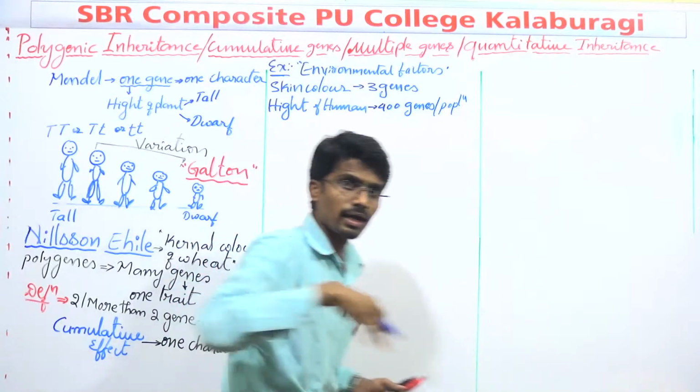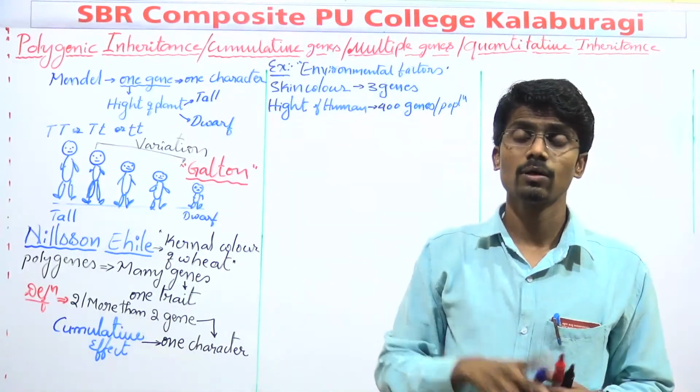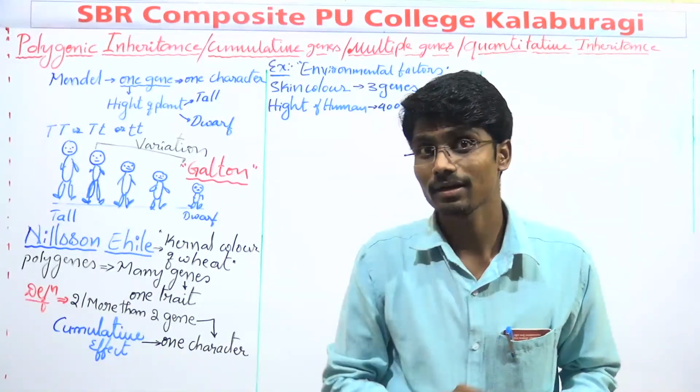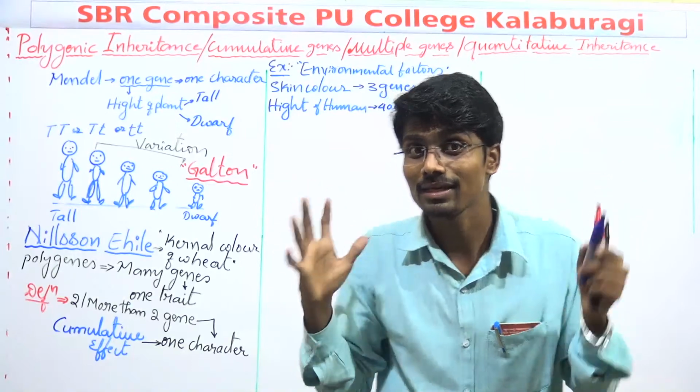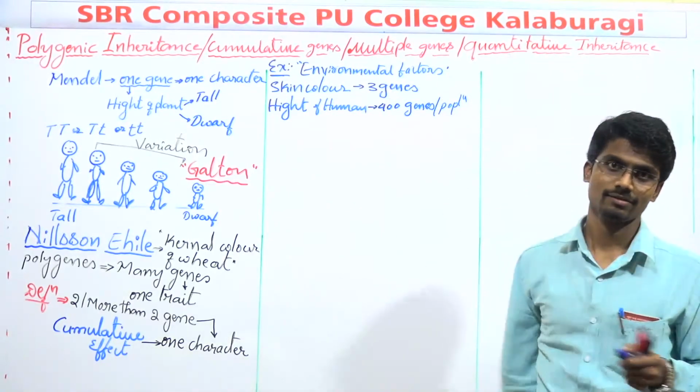If you take the entire human population, 400 genes are responsible for a single trait. It shows what quantity, isn't it? That's why it is called quantitative inheritance.